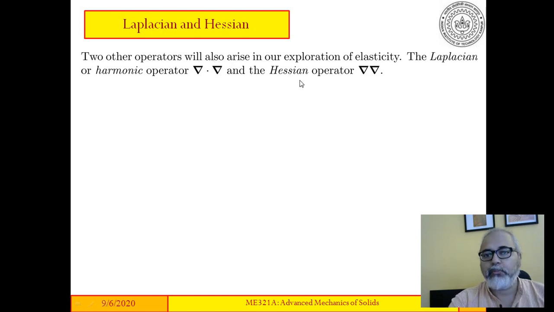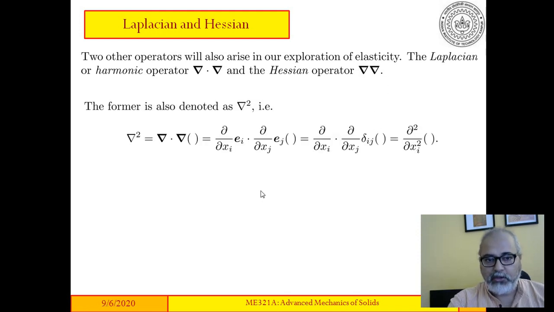The other is the Hessian operator, which is the nabla operator dyadic with itself, acting on some function. Let's see how they look. The first one is nabla dot nabla on some function, sometimes denoted by nabla square, also called the harmonic operator or the Laplacian operator.